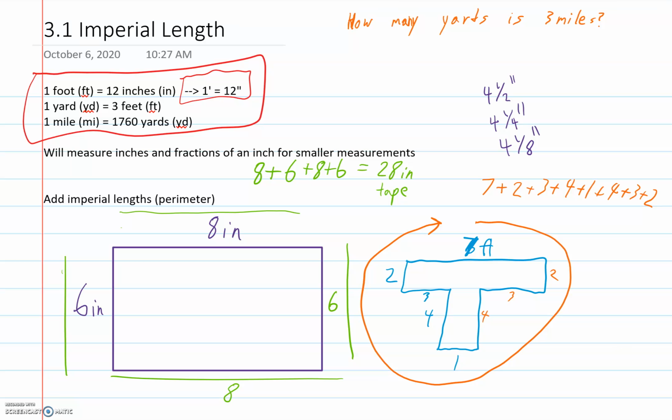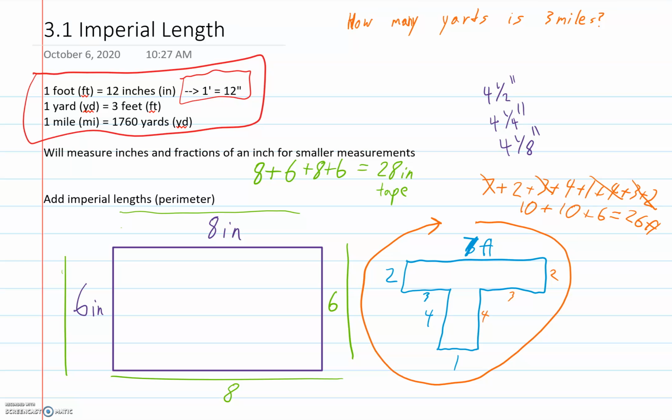What I like to do now, if I'm adding a whole bunch of things, is simplify by adding them up towards 10. So 7 and 3 is 10, plus 3 and 2 is 5, 4 and 1 is 5, that's another 10, plus 2 and 4 is 6, so we have 26 feet. In this case, we're talking about feet because that's the unit that I showed.